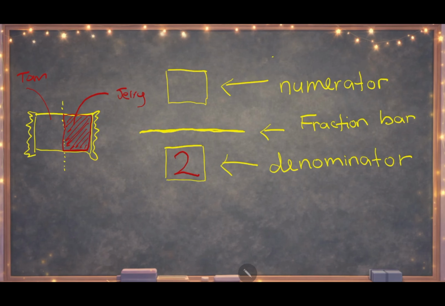So the numerator is going to be 1 because it tells us how many pieces are affected out of all the equally shared pieces. So Jerry has eaten a half. 1 over 2 has a special name, which is a half.